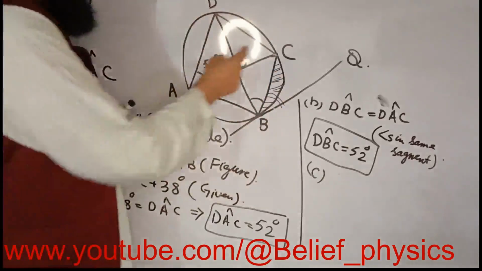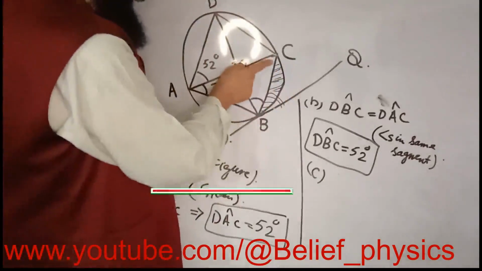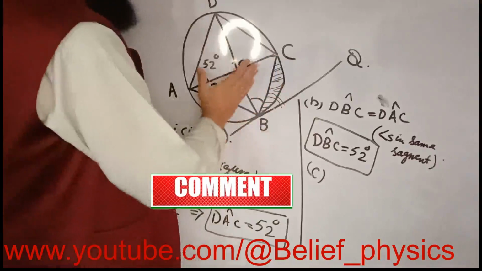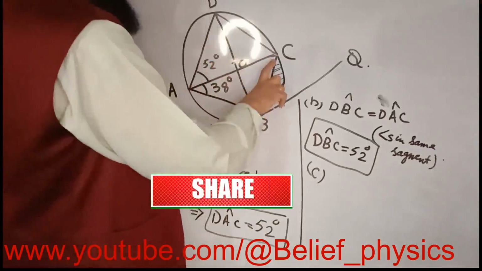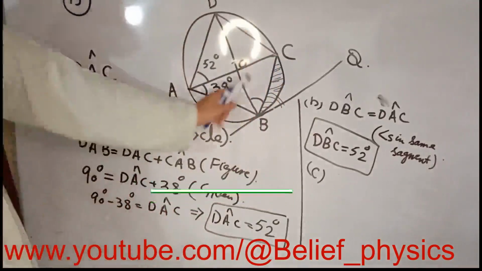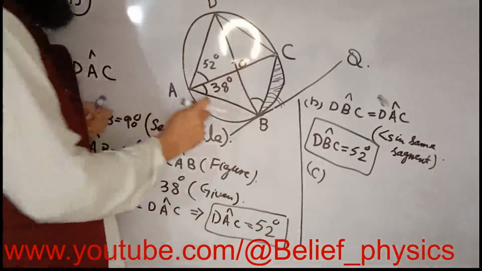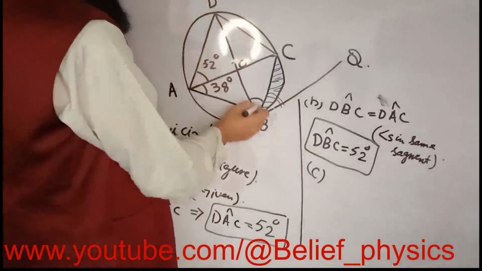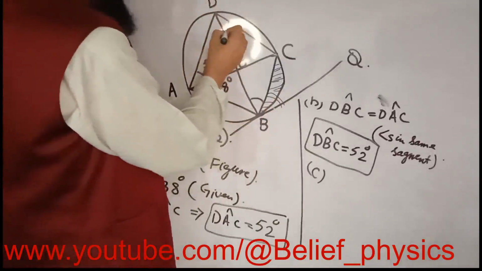Here CBQ is the angle subtended by arc CB with the tangent at B. Therefore any angle subtended by CB in this segment will be equal to CBQ. CB is this arc, and it makes this angle, so this angle is also equal to CBQ.